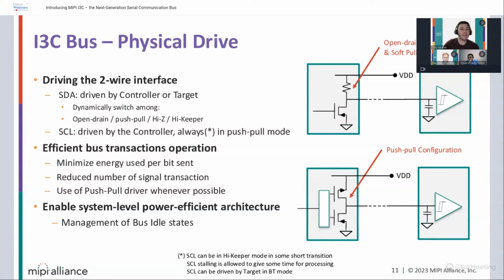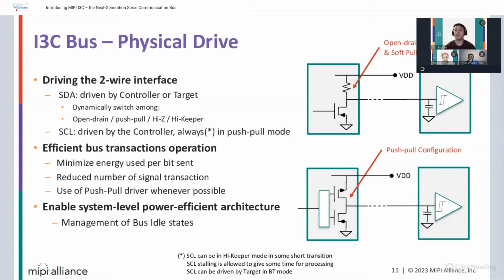Okay, so with these two wires, the drive type is variable as well. The SDA is driven by the controller or target. So the data comes from either side, controller or target. And just to take a step back real quick, the controller and the target are two primary roles, right?